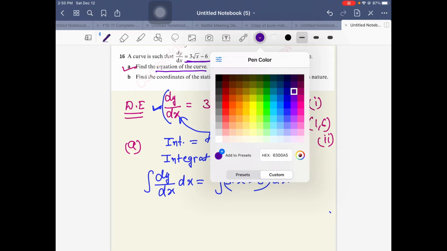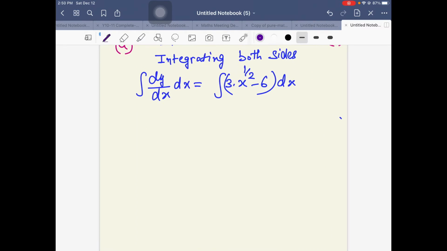Now we're going to apply the power rule. Here, this integration and this derivative being opposite to each other, they're going to cancel out. We're left with y on the left side. So y equals, this 3 being a constant coefficient can be taken out of the integration. Now by the power rule, integration of x power half will be x power half plus 1 over half plus 1. Negative 6, the integral of dx is x, plus c.